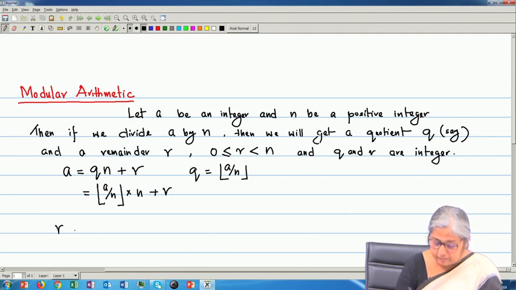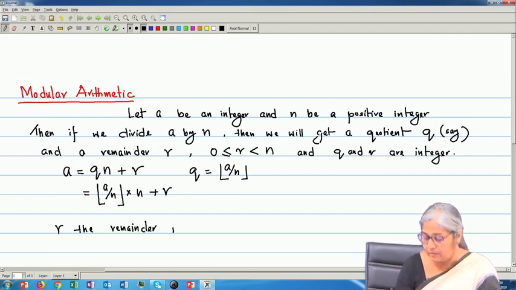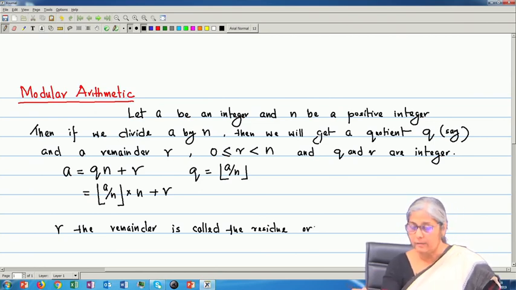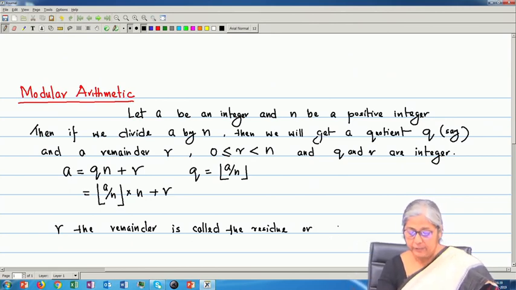Now, this r, the remainder, is sometimes called the residue. It is the remainder when A is divided by n, and it is called A modulo n, or A mod n.